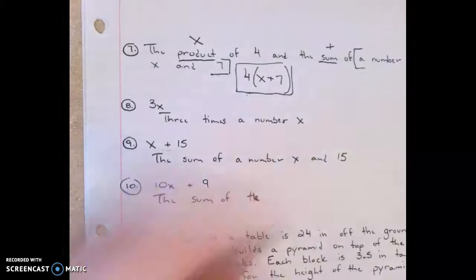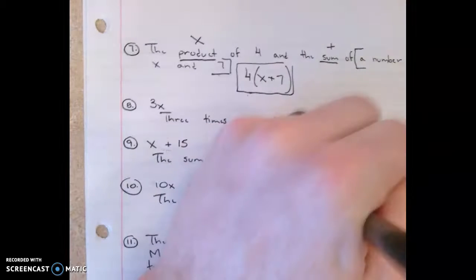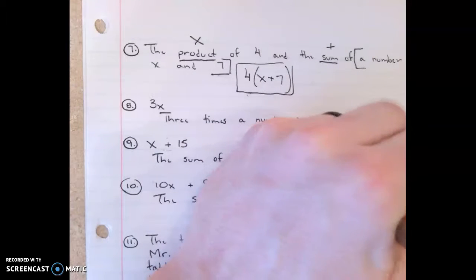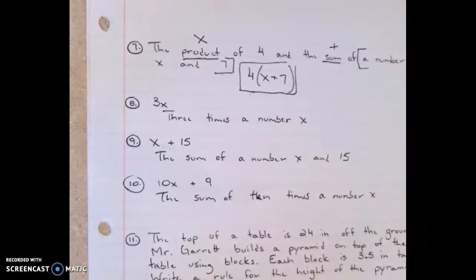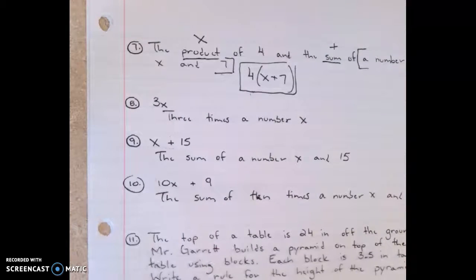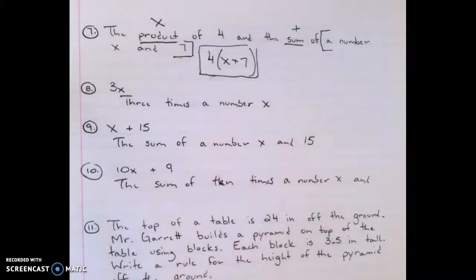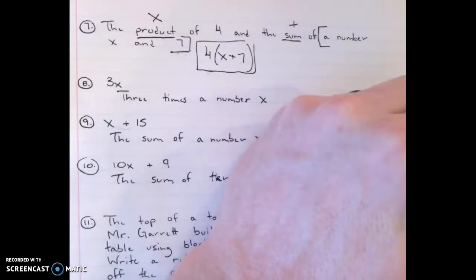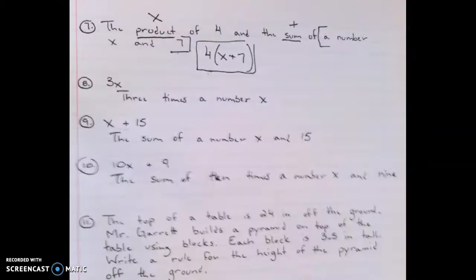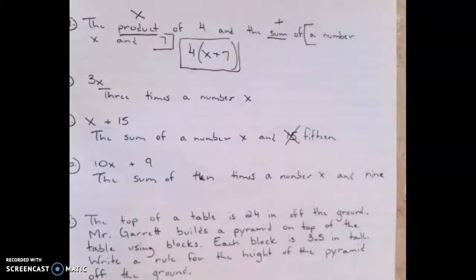I'm adding together 10 times a number x, and I'm adding that to 9. And as I go through here, I notice I need to change this to 15.